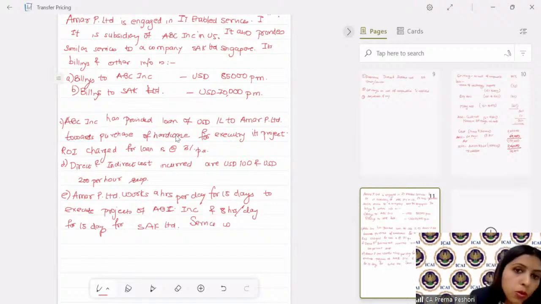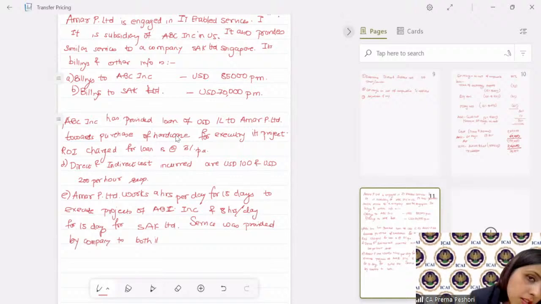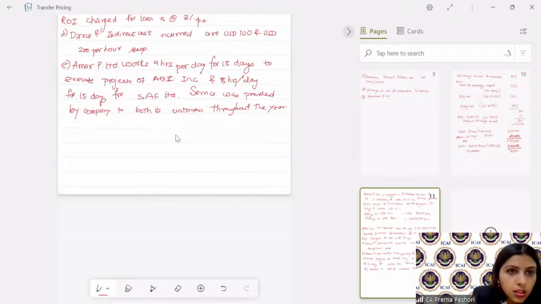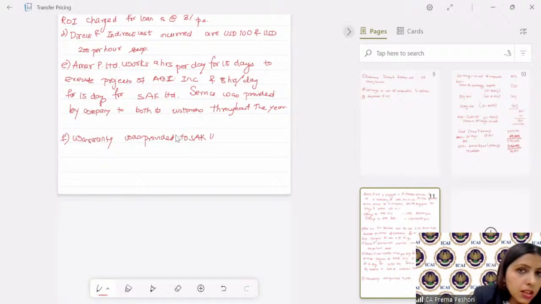Service was provided by the company to both its customers throughout the year. Warranty was provided to SAK Limited for a period of 2 years.